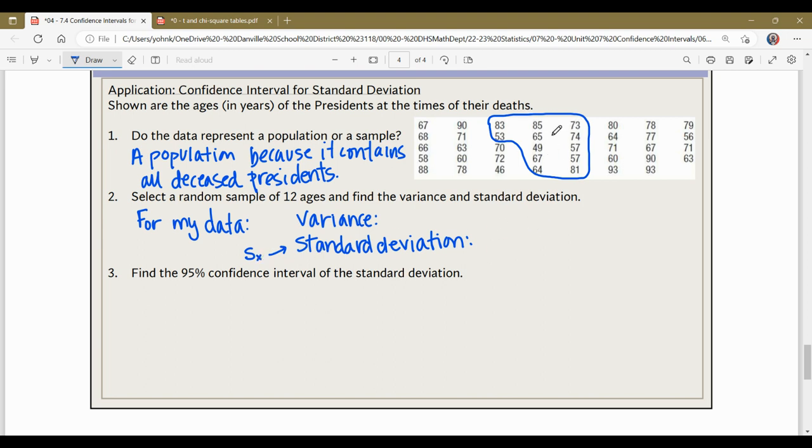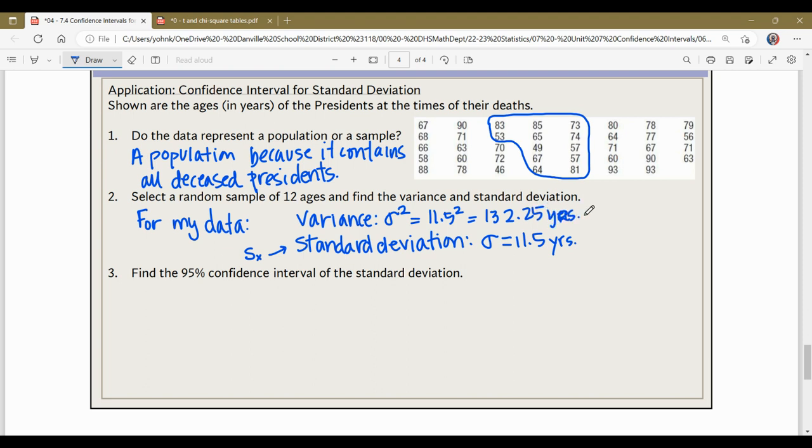If I put my data into my calculator and run my one-var stat, then my standard deviation is going to be 11.5 years. If I now find my variance, I square my 11.5 years, and I get 132.25 years.